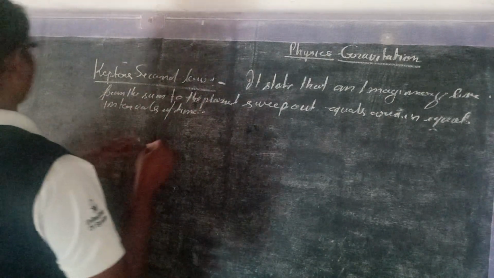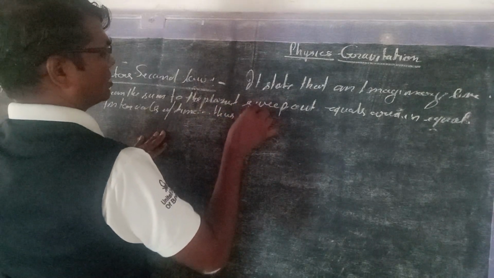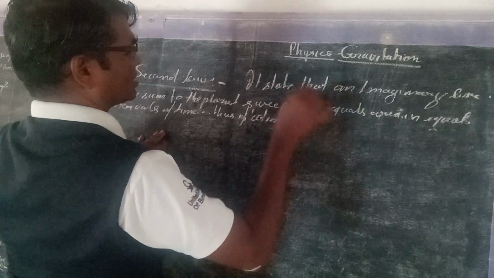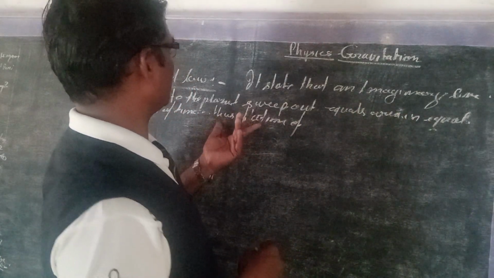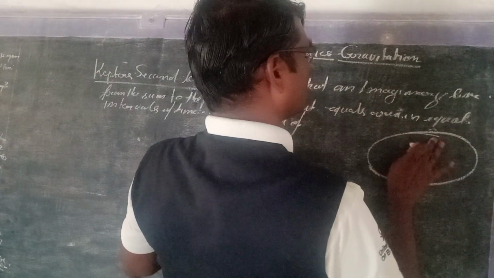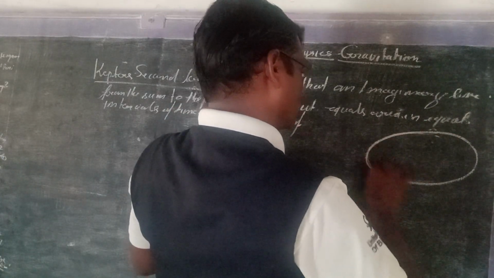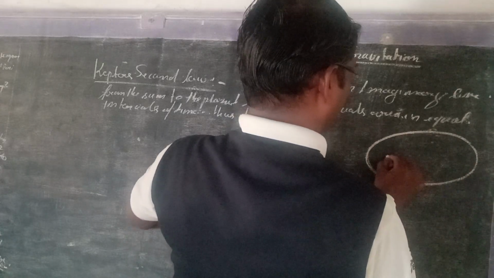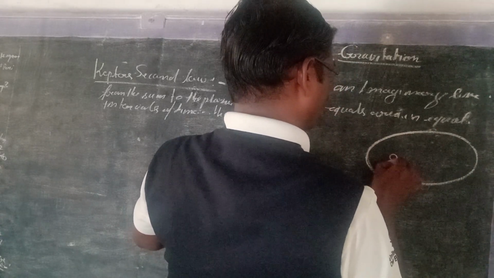Suppose that here is the figure, an elliptical path, and here is the sun.